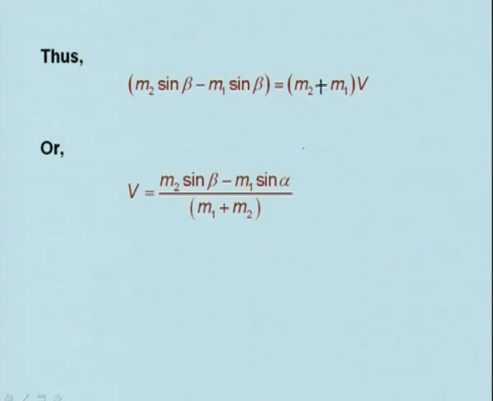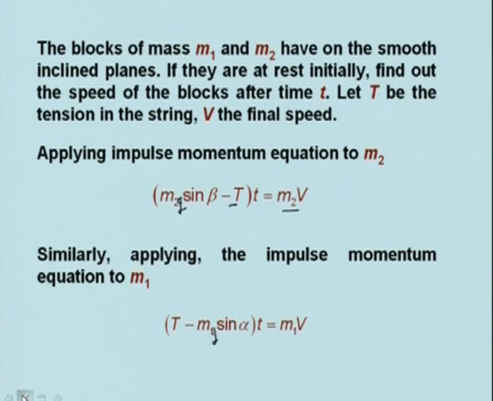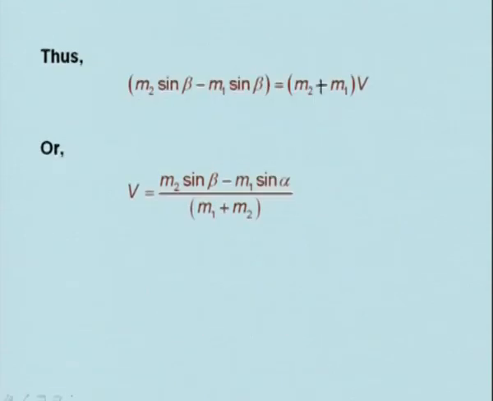So, this is how we find out the velocity of the particles of masses M1 and M2 by applying the impulse momentum theorem. So the impulse momentum equation has provided us this.